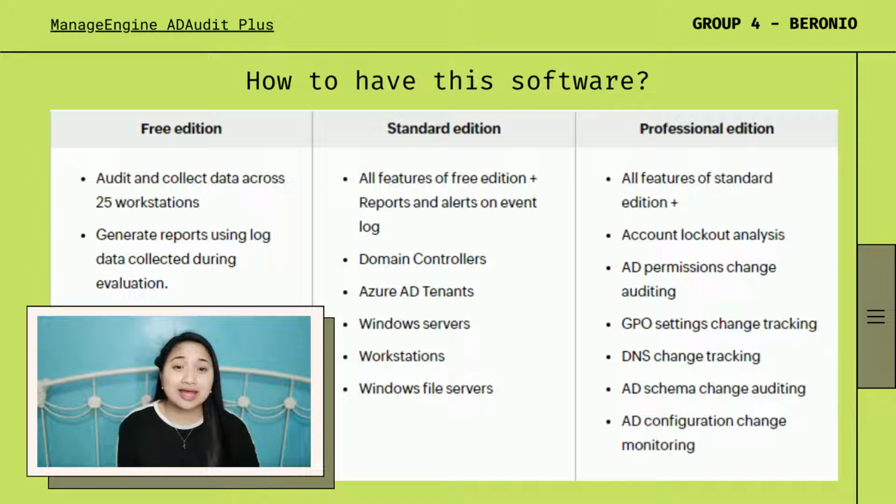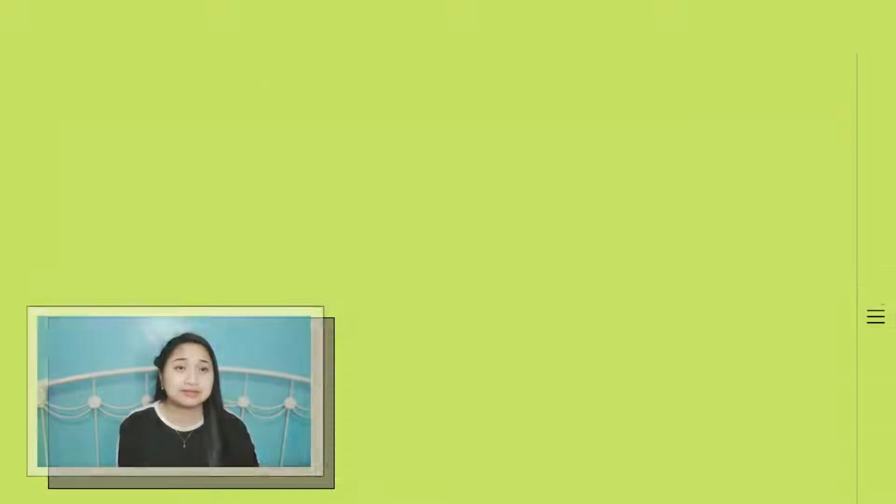Pero kung gusto naman ng additional features, pwede mag-subscribe but it comes with corresponding fees. Meron tayo dyan standard edition na it only worth $600 annually na yon, and also professional edition which cost almost $1,000 pero annually na din.